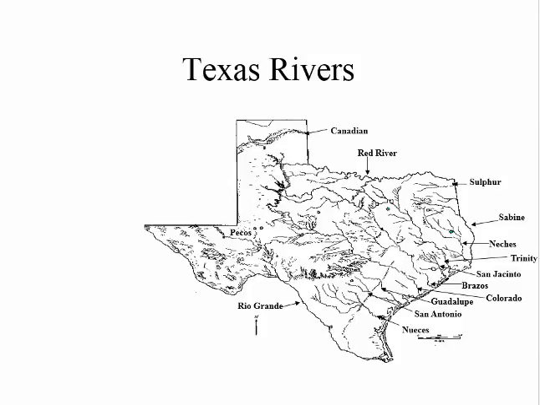Then we have the Guadalupe and San Antonio rivers. The San Antonio River is a small spring-fed river that begins in the heart of the city of San Antonio, called San Pedro Springs. Guadalupe River.